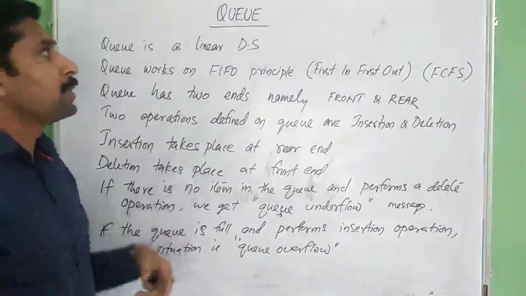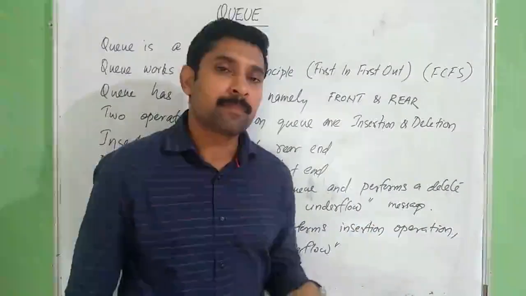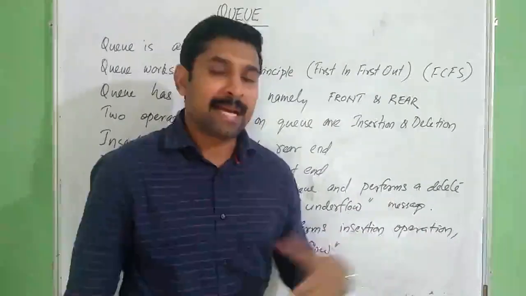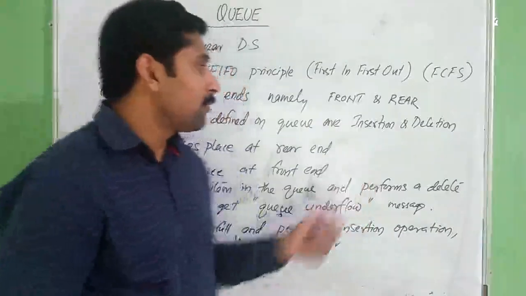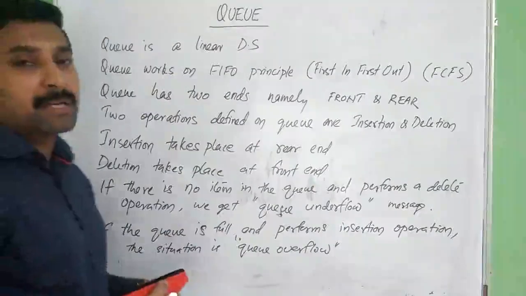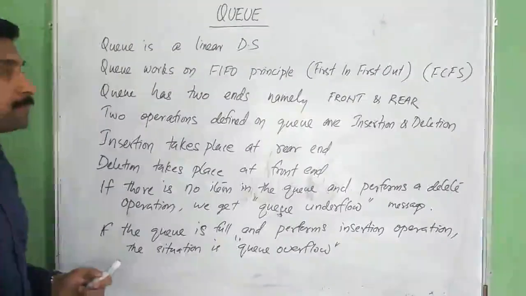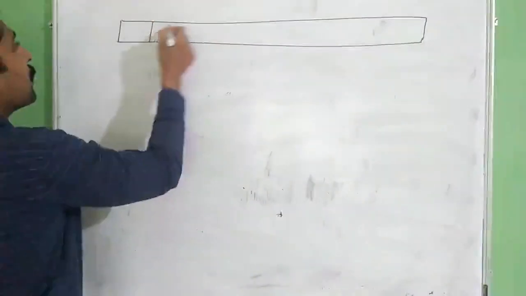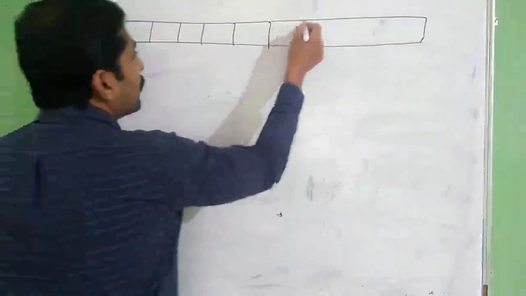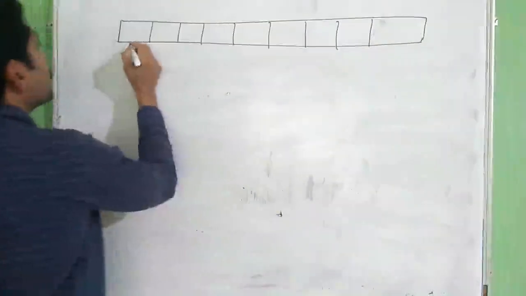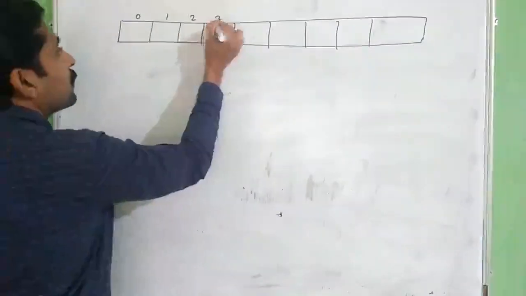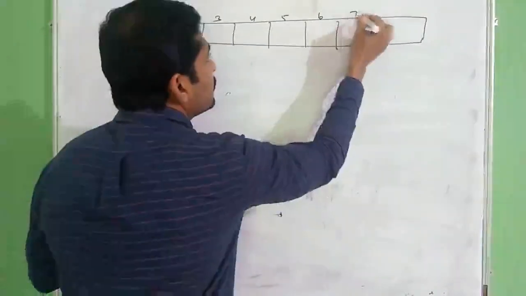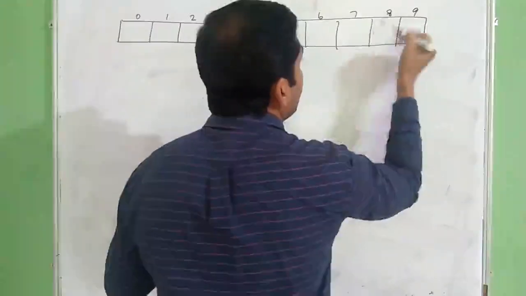Again, this queue can be implemented using an array as well as some dynamic method of memory allocation. Here we are going to see how a queue is implemented using an array. So let this be our array. Indices 0, 1, 2, 3, 4, 5, 6, 7, 8, 9.